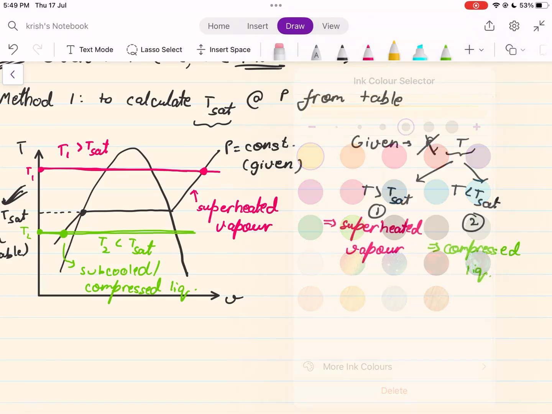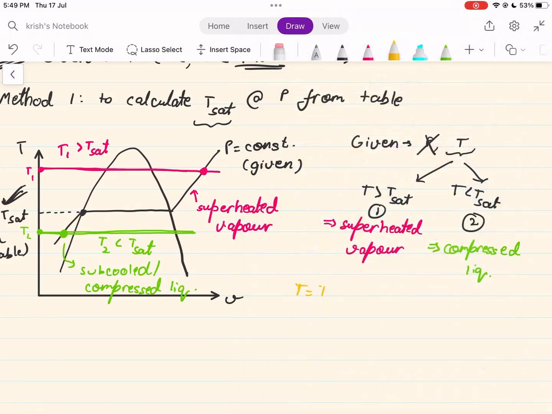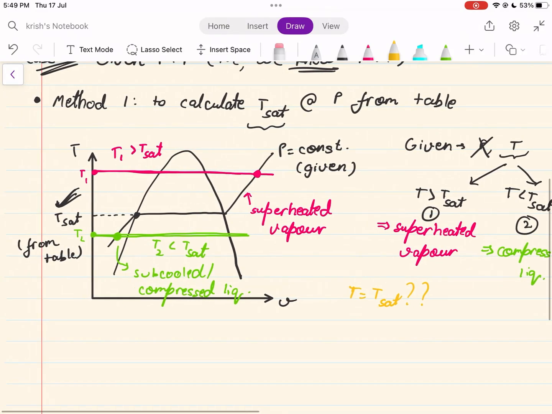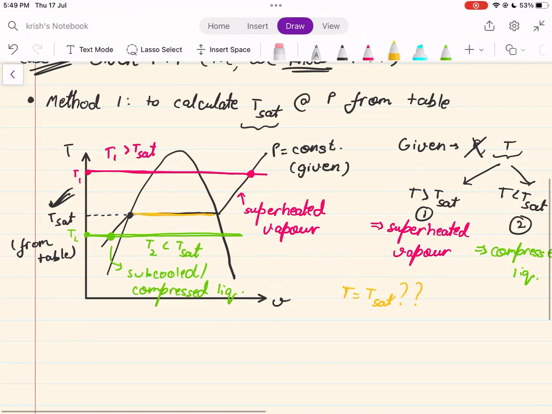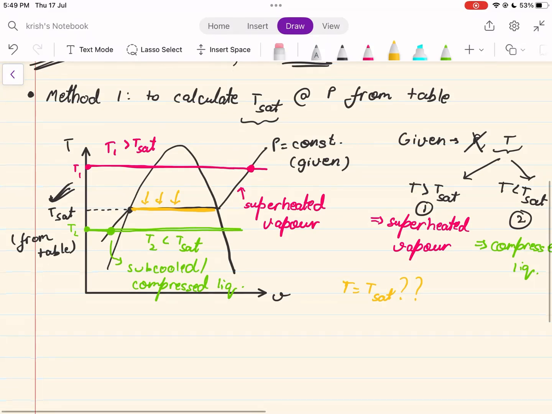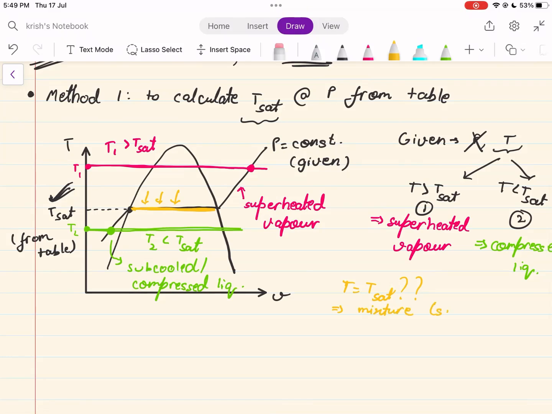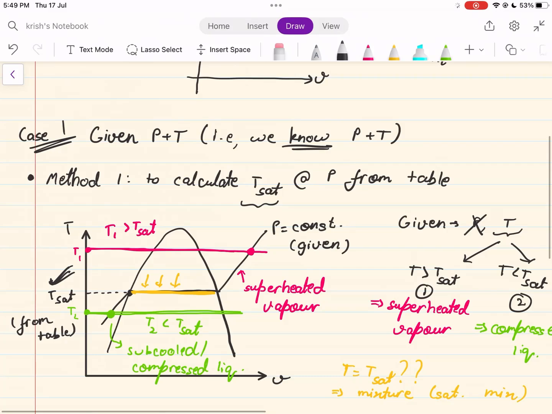And our final case, if T equal to Tsat, then it will lie on this line. It can lie anywhere on this line, here, here, here, anywhere. But it will definitely lie on this line. So it implies it is a mixture or a saturated mixture, we say. Don't say mixture, say saturated mixture.